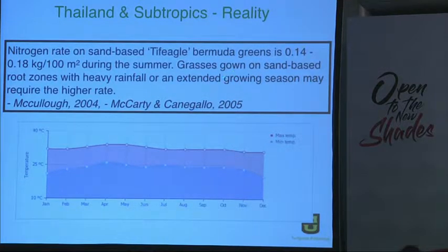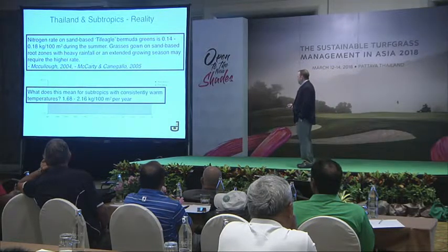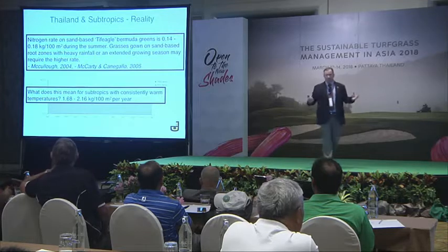Grasses grown on sand-based root zone with heavy rainfall or an extended growing season may require the higher rate. I believe that's you here in Thailand, about that higher rate. So what does that mean for subtropics or areas with consistently warm temperatures? That's basically what this higher type of rate would be per year.